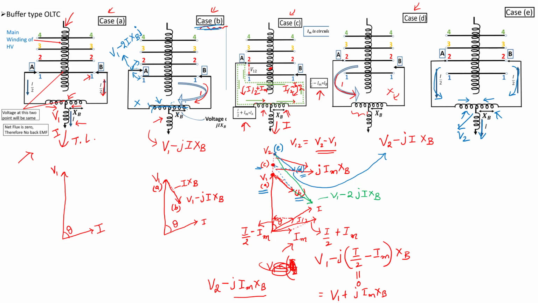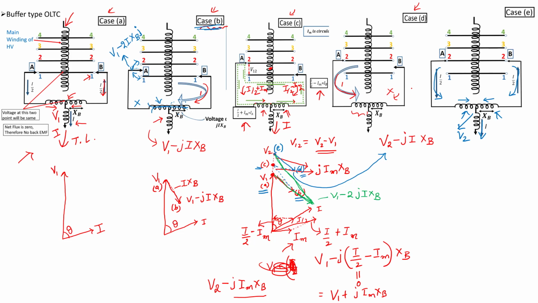V1 and arm A is simply 2 times JIXB only. This phasor, this entire phasor is V1 minus 2JIXB, and this entire phasor from here V2 to this tip is the difference between voltage between node 2 and the lifted arm A.